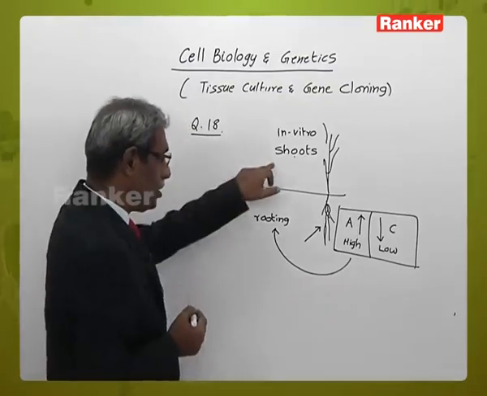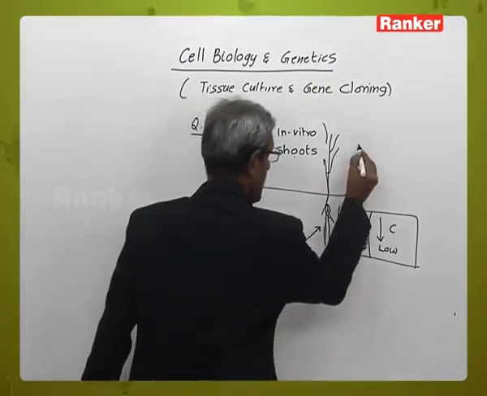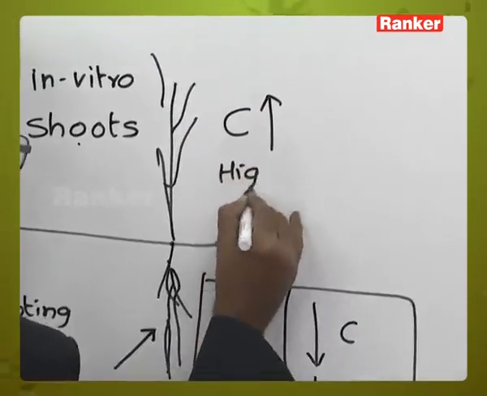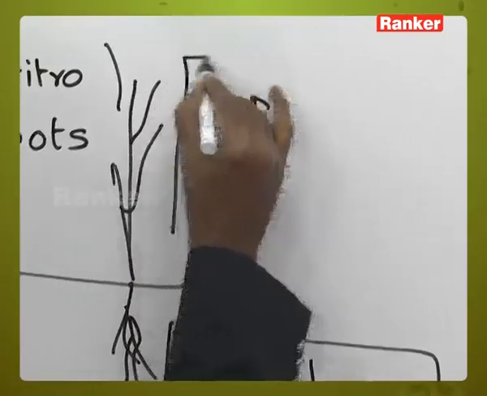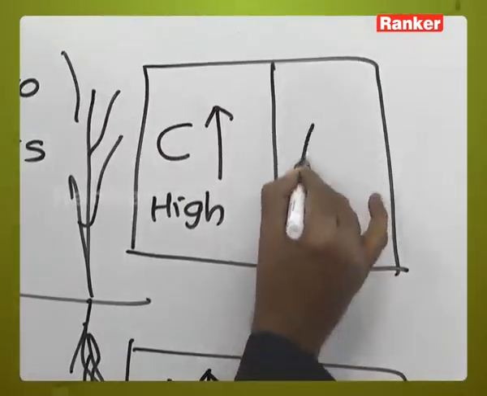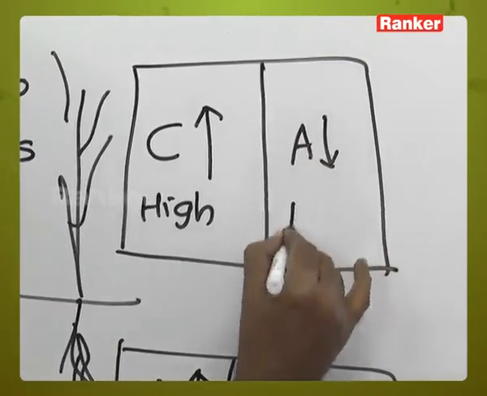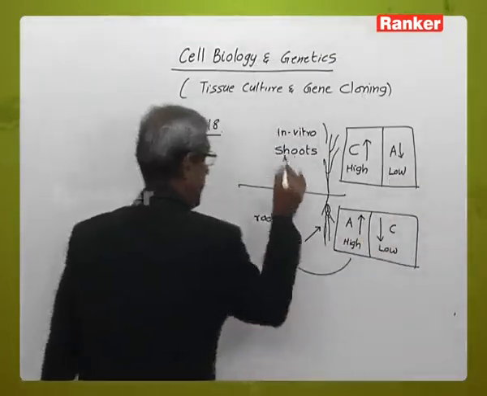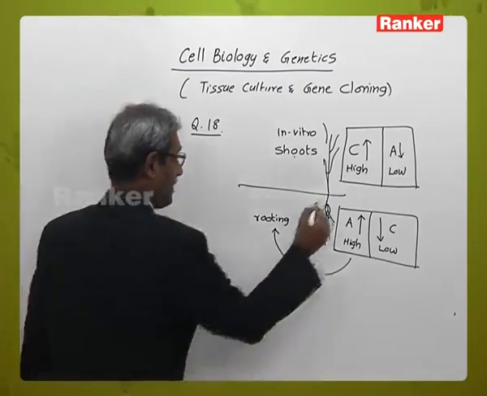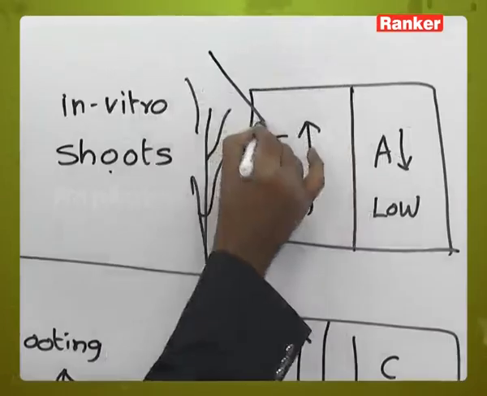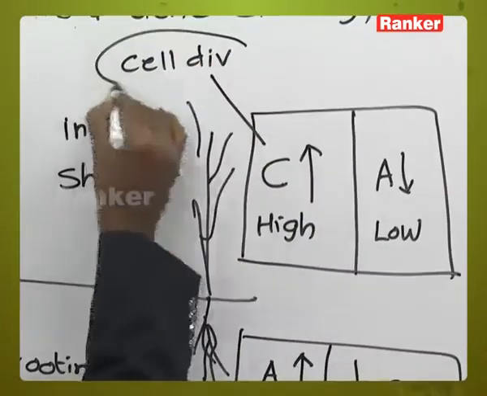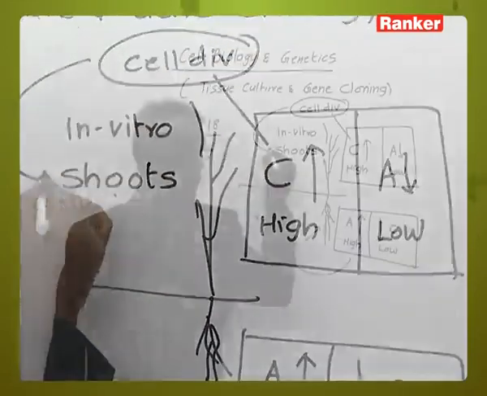Whereas, if we want shoots, high cytokinin content and low auxin content gives rise to shoots. So, it should always be remembered that cytokinins promote cell division. Because they promote cell division, it results in the formation of shoots.